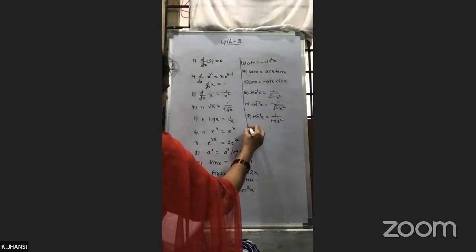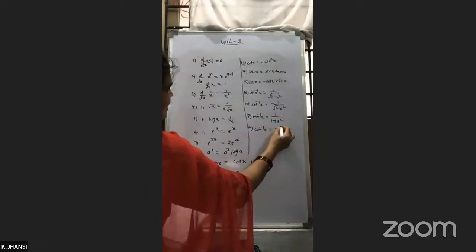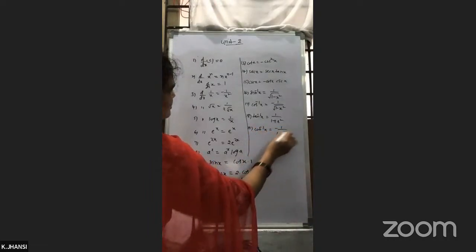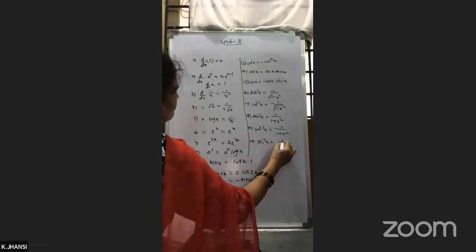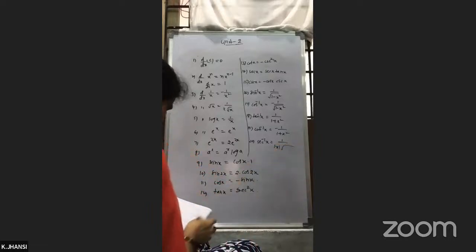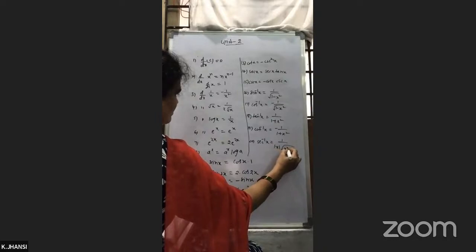Okay. 19th one, cot inverse x: just the minus sign here. And secant inverse x gives 1 by mod x under root of x square minus 1.